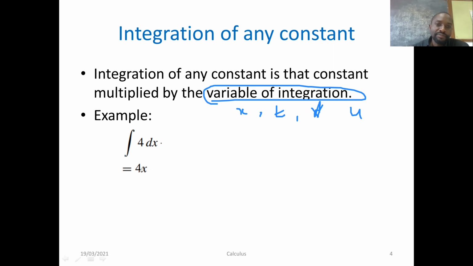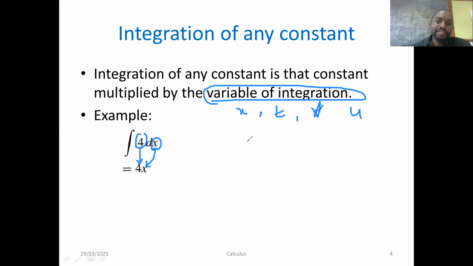For example, if you are given a constant 4 and asked to integrate it with respect to x, you just have to check the variable of integration. In this case, it is x. Therefore, it will be this constant 4 multiplied by that variable of integration x as your solution.